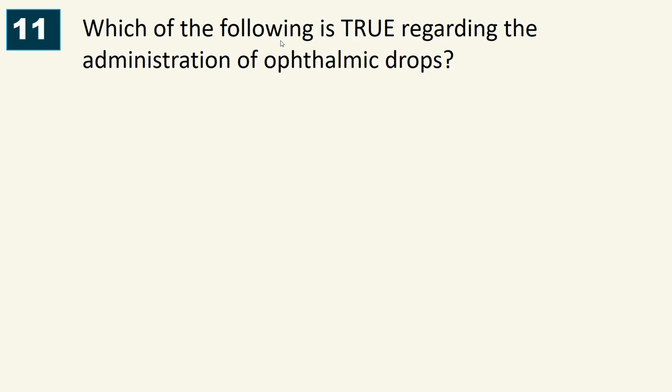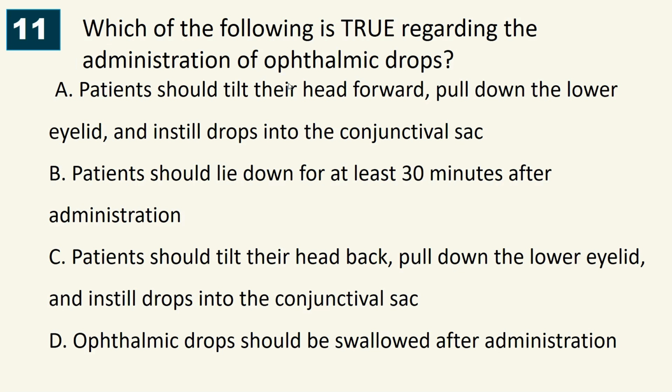Next, which of the following is true regarding the administration of ophthalmic drops? A, the patient should tilt their head forward and pull down the lower eyelid and instill the drop into the conjunctival sac. B, should lie down for at least 30 minutes.